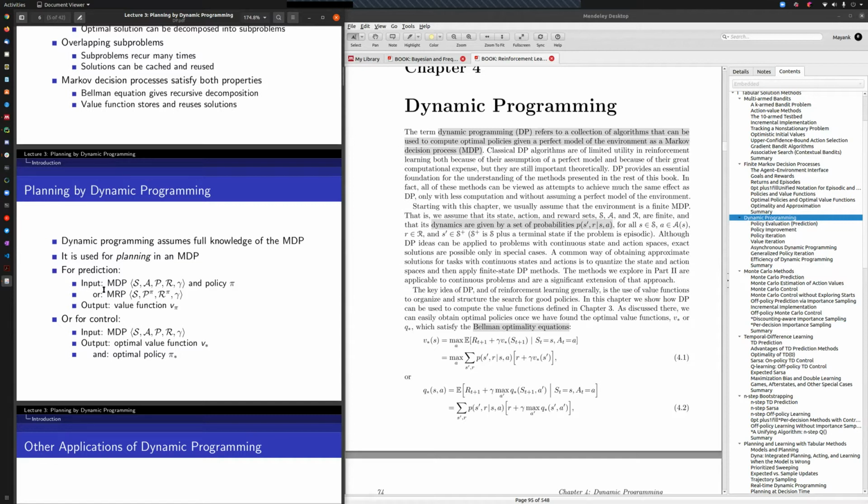We have these four here, and the output is the value function v pi. So this is for prediction, and for control we have these inputs, the outputs, and the optimal policy. So these are the two things that we take a look at.